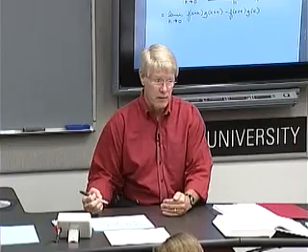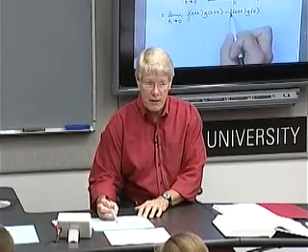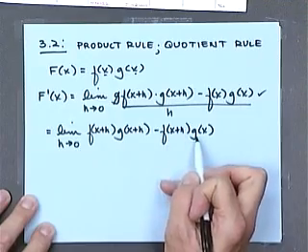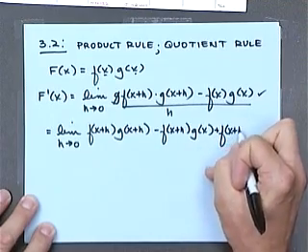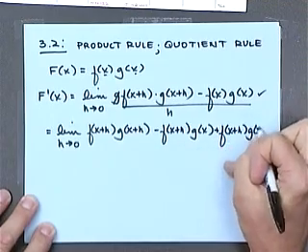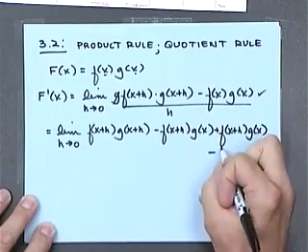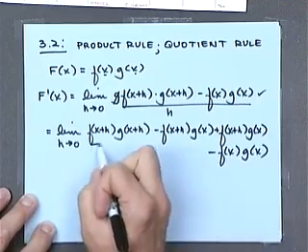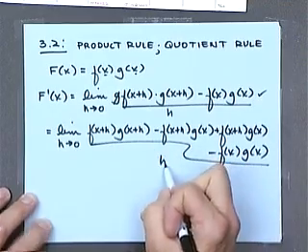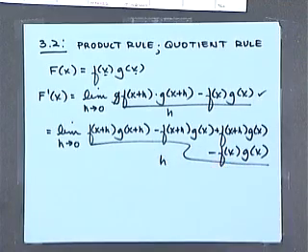Is that correct? So I'm going to subtract f of x plus h times g of x. I'm going to also add that, which might seem not so smart. So all that over h as h approaches 0.